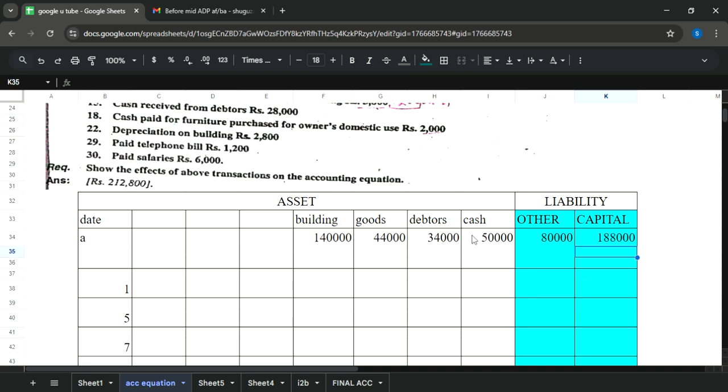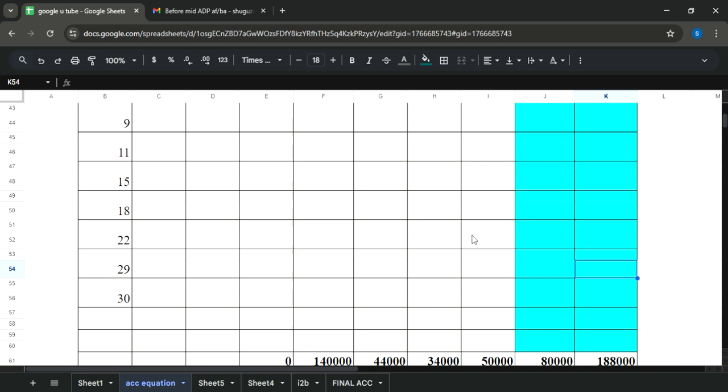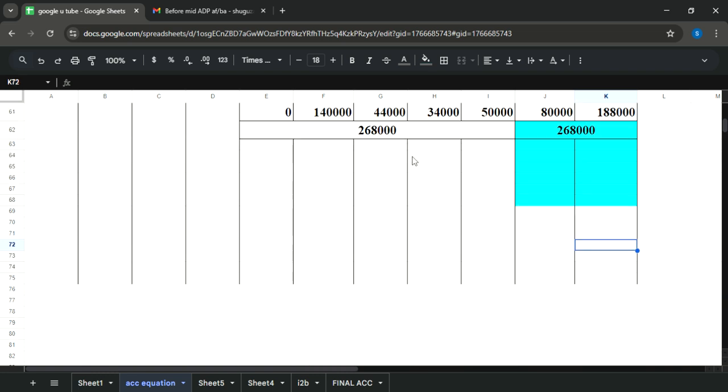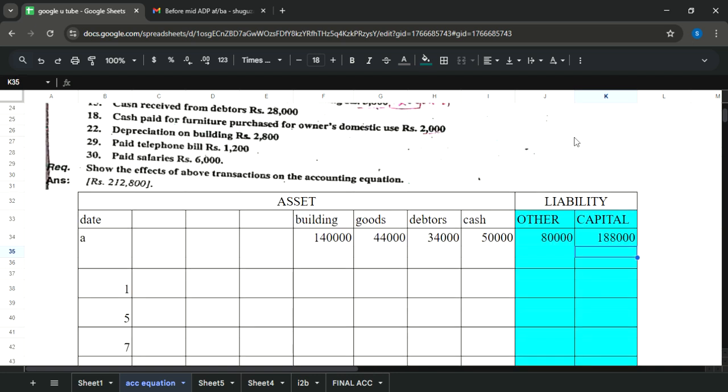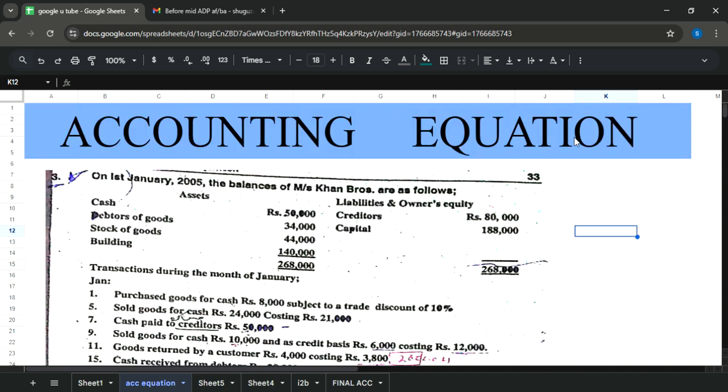It was already informed that after each entry, the totals would always be equal. Since we are taking help from Excel, you can see 268,000 and 268,000. The total is automatically judged. It means all amounts are placed in an accurate manner.